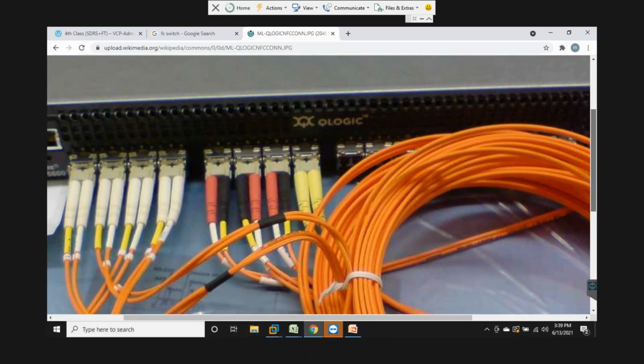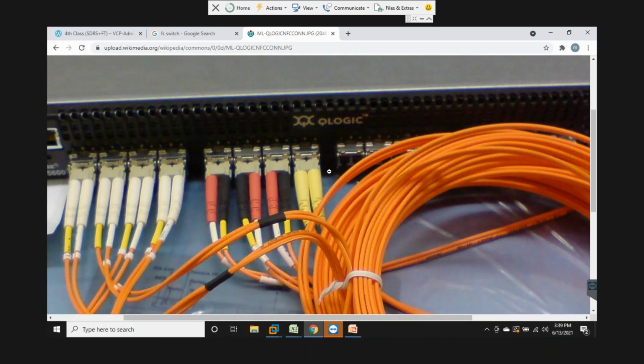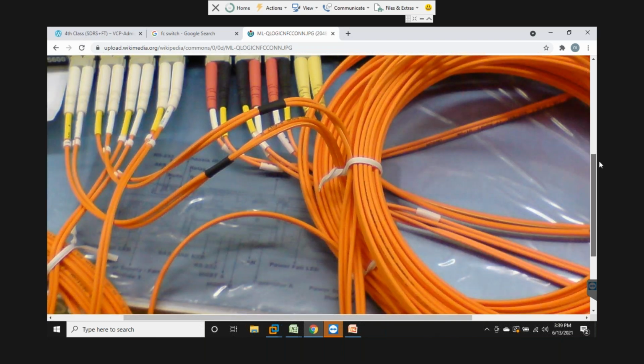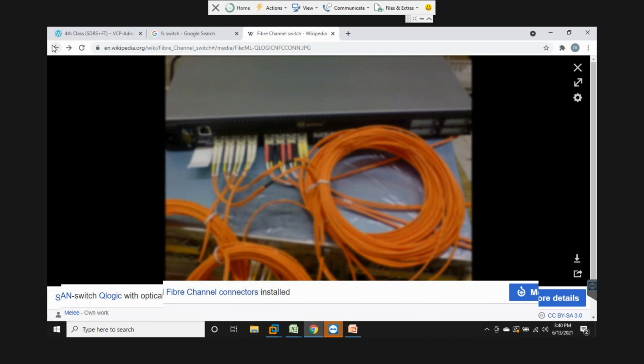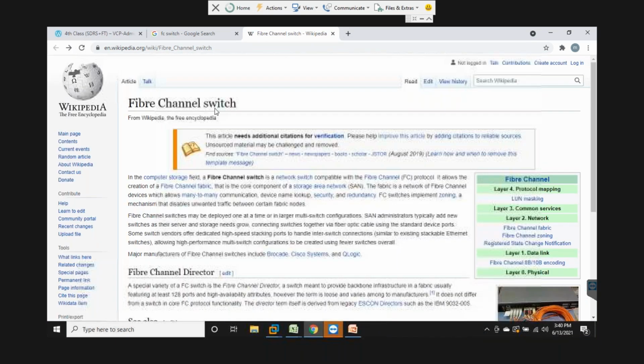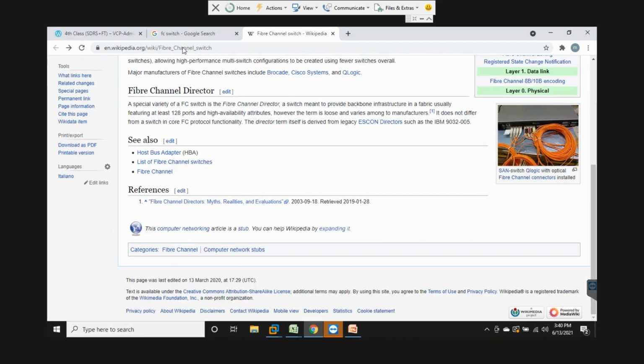These orange color, these are the ports, you can say, where it is connecting. Okay, so these are very costly devices. So that is how a fiber channel switch looks like.